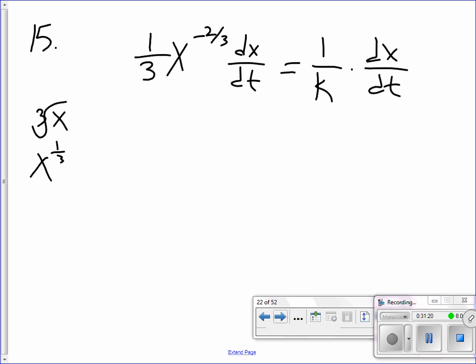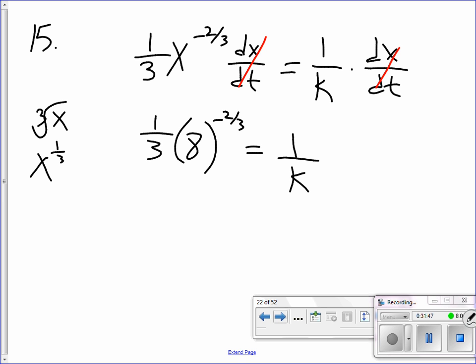All right, so we have to find the value of k at the moment when x equals 8. Now we'll do a little plug and chug. Oh no, we don't know dx dt. It doesn't matter, since they cancel. If we put in 8, we're going to do that in our heads instead of going to the calculator. 8 to the negative 2/3 means 1 over the cube root of 8 squared.